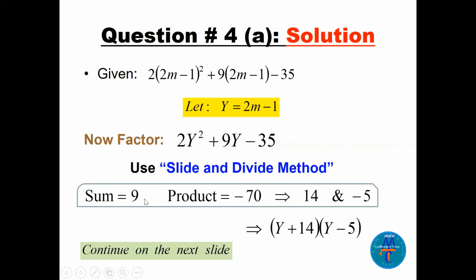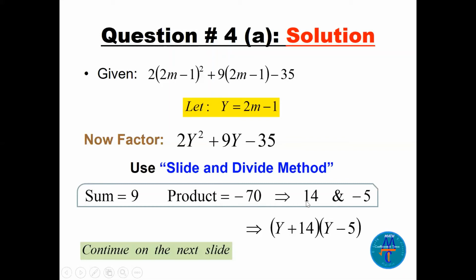As I mentioned before, there is a video, lecture 11 on algebra course about slide and divide and 3 terms. You can check there. Now let's find two numbers. You have to search in your mind. Two numbers, their sum is 9 and their product is minus 70.